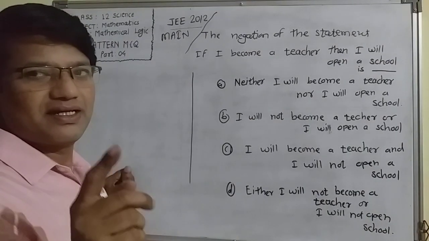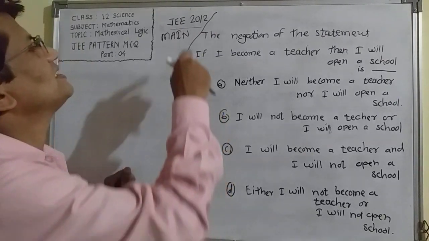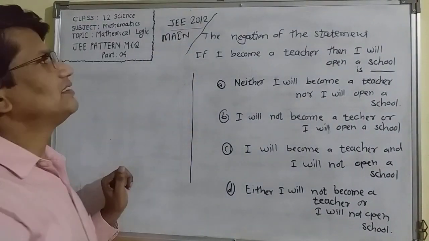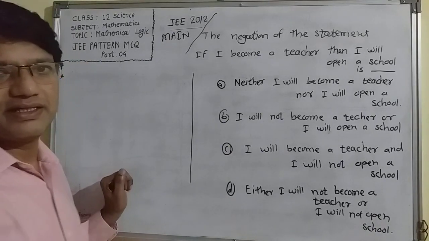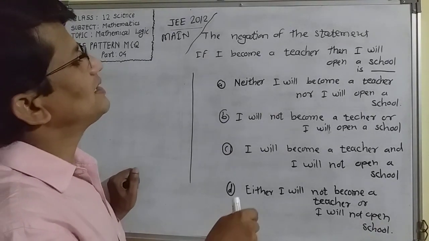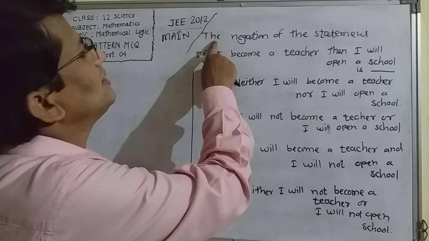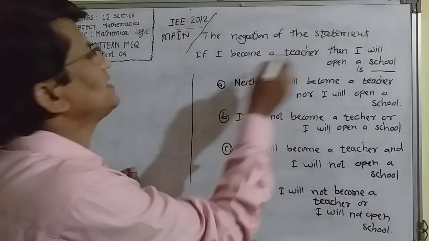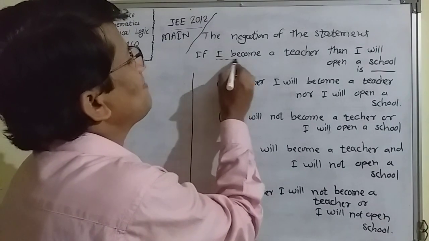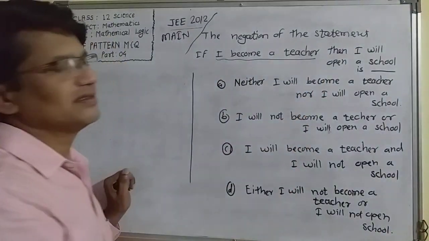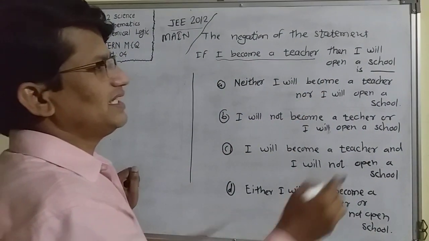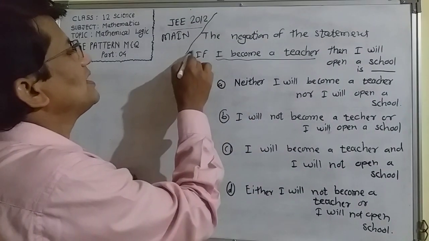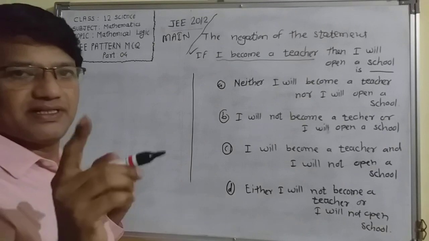Now let us see one more example. This example was also asked in JEE Main 2012. See the example: the negation of the statement. We have to find the negation of the statement. If I become a teacher, then I will open a school. And this total is which type of statement?